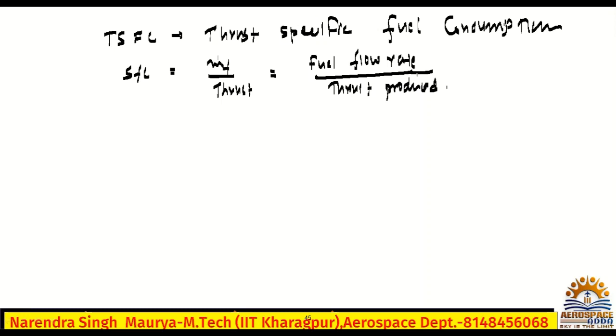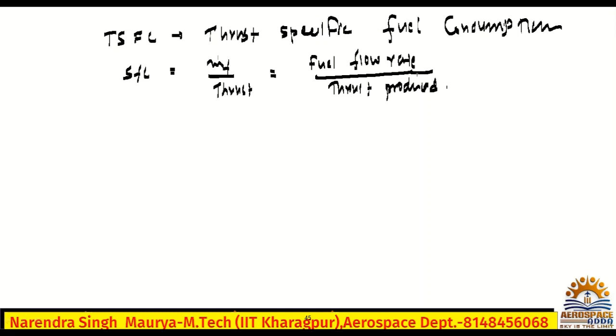Similarly, for the aircraft, because it is flying because of the thrust, your concentration is: if we are burning this much amount of the fuel in combustion chamber, then this much amount of the thrust will be obtained. That is called SFC.